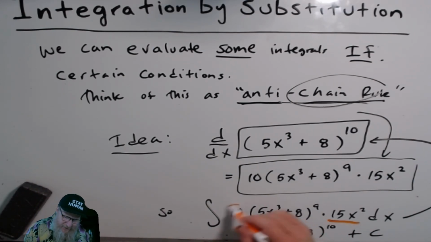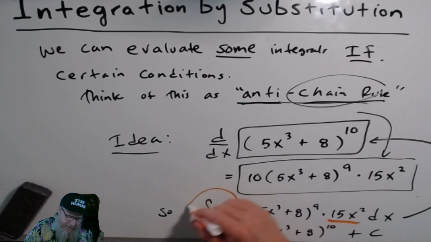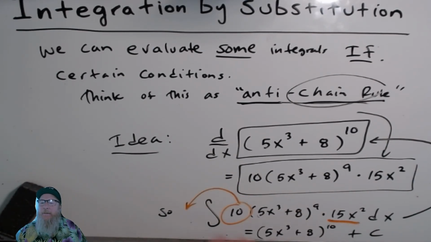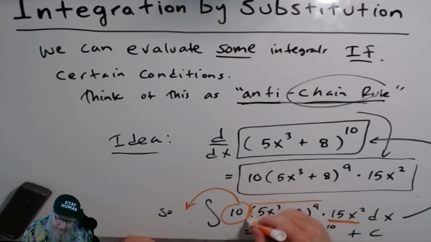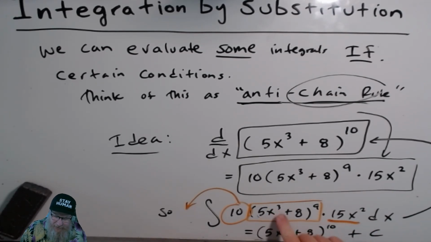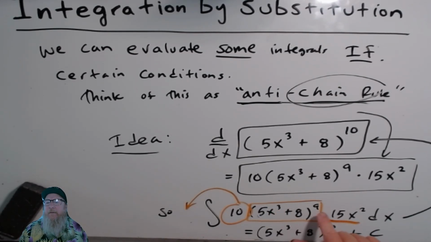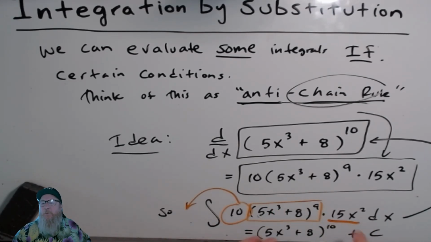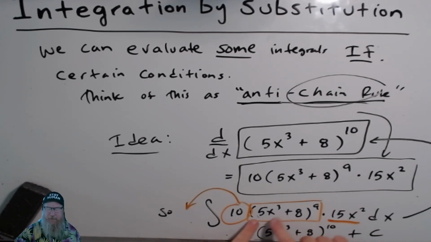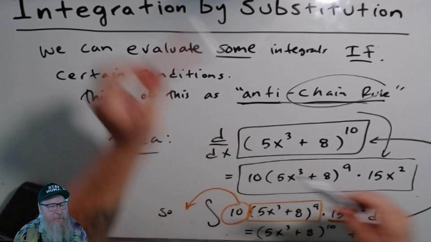Notice the 10 really doesn't matter. The 10 is a constant, it could have come out. So the real focus of this problem is the integrand 5x cubed plus 8 to the 9th, and its derivative is 15x squared, the derivative of 5x cubed plus 8.